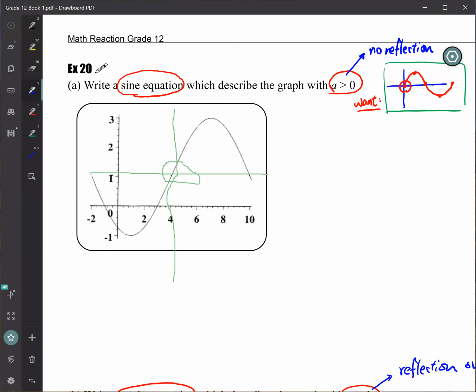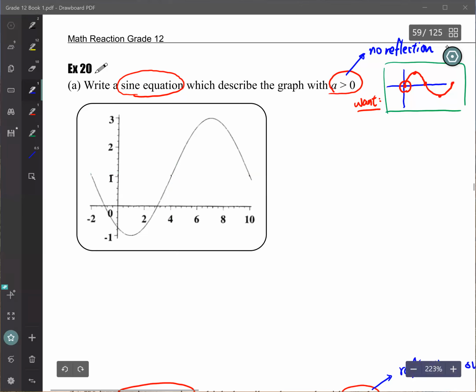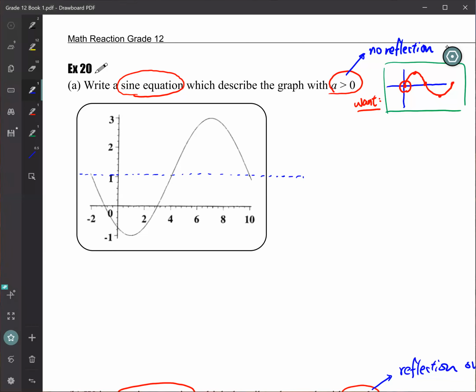Okay, so let me redraw that. I'm gonna erase this. Okay, so now we use the dotted line. We'll go through the middle point, right? And then you have to put the y-axis at the first point of the graph, right? So you have to put it here.